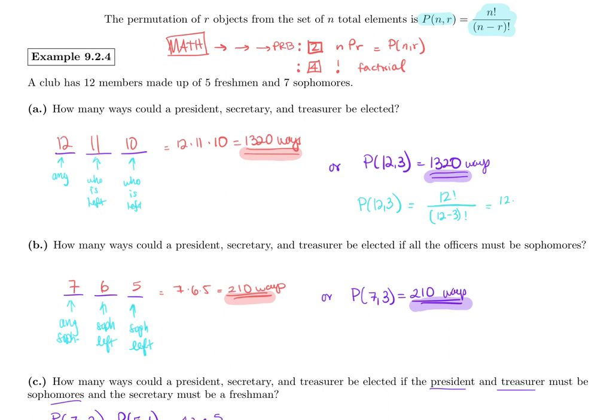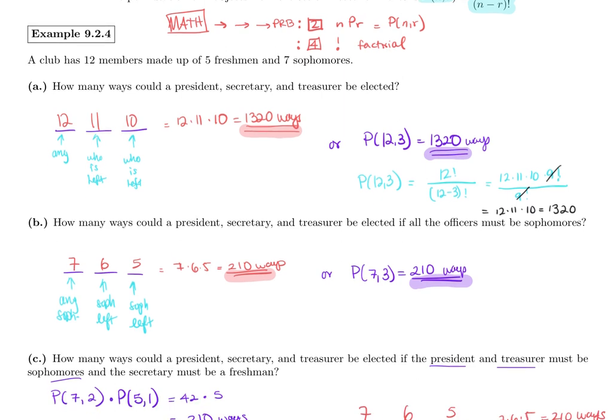Or 12 times 11 times 10 times 9 factorial. We can pull out just the 12, 11, and 10, because 12 minus 3 is 9 factorial, and then we can cancel those factorials. So we end up with 12 times 11 times 10, which we already found out was 1,320 ways.